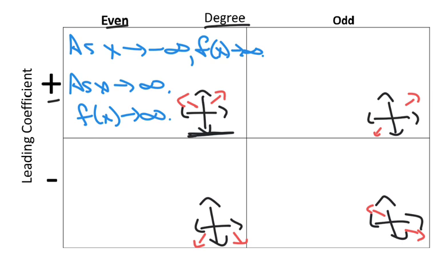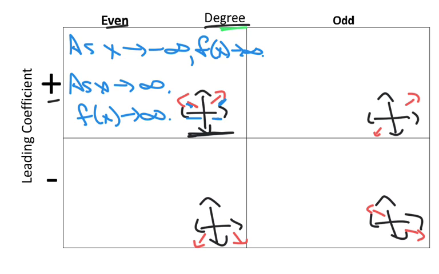So the reason why we're saying that is as x approaches negative infinity, that means we're on this left-hand side, and notice our arrow's going up here. So that's also at positive infinity. As x approaches positive infinity, on the right-hand side, notice this arrow always goes up. Okay, then we're going to look at the next one.